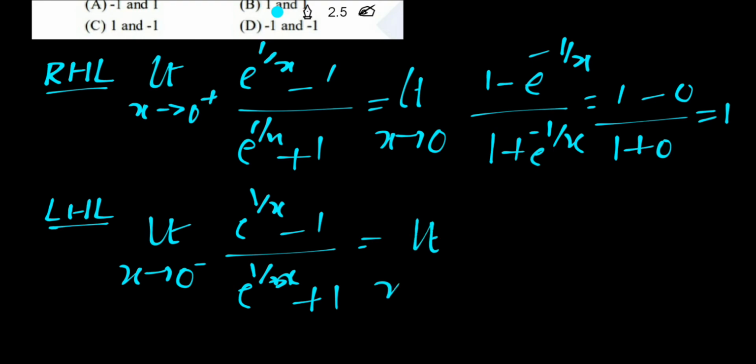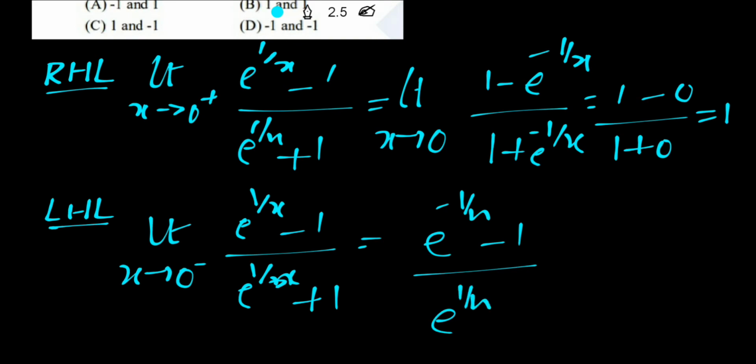As limit x tends to 0, we have to substitute a small negative value in e power. For the negative side I am taking e power minus 1 by h, with h less than 0: minus 1 divided by e power 1 by h, minus 1 by h plus 1.